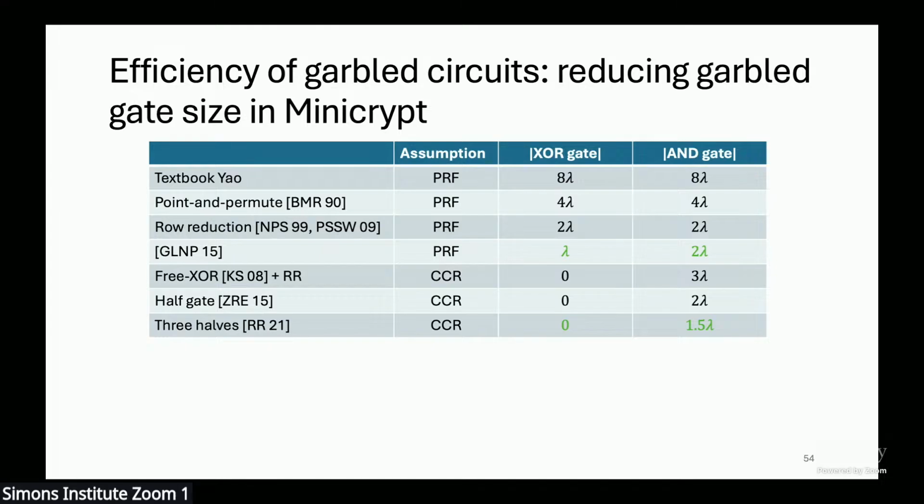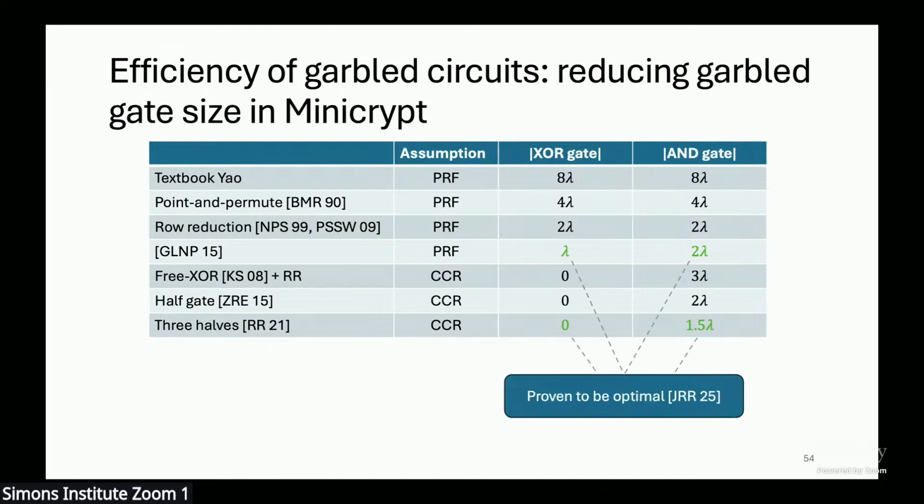And there's a very recent result by Lance and Mike and another co-author, Jake, I believe, which has some model of lower bounds for these garbling schemes, which essentially shows that, under some assumptions, these schemes are basically optimal. Like in what model?